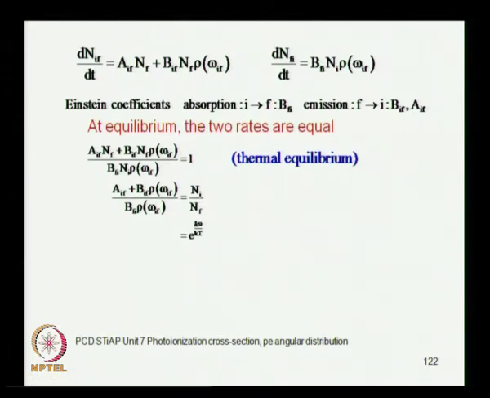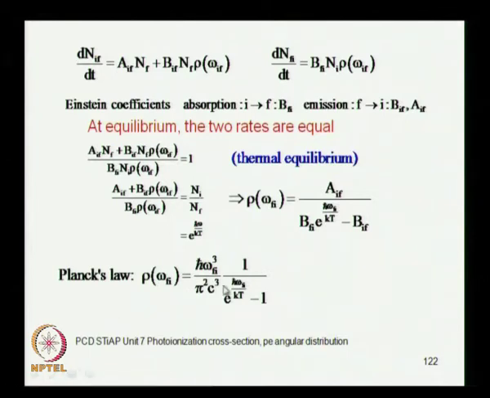So this gives you an expression for the ratio of the two populations, and you can play with this equation and get the expression for the energy density at this frequency. What must this correspond to? It must correspond to Planck's law, and this is Planck's law.